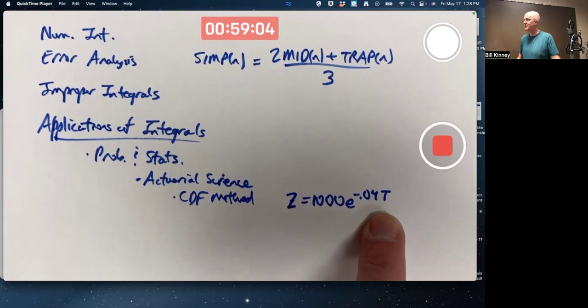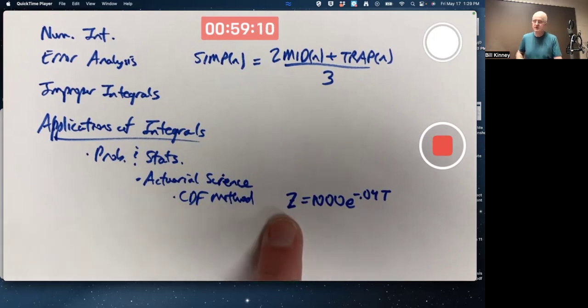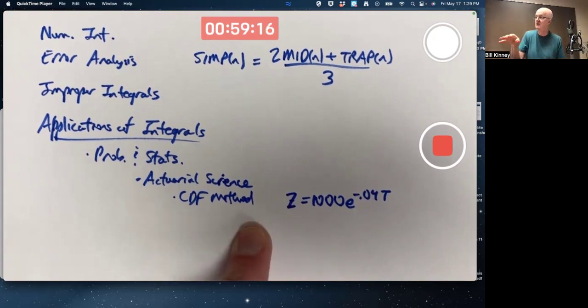Assuming we knew the distribution of T, maybe exponential, maybe uniform, maybe triangular, we could figure out the distribution of Z, its CDF, its cumulative distribution function, and its PDF by differentiation. Then find the mean and the median using various techniques.